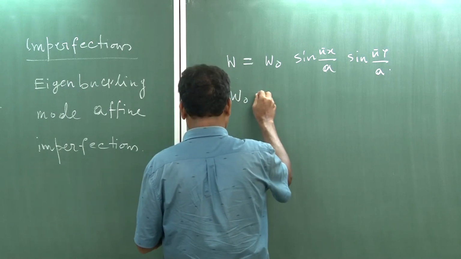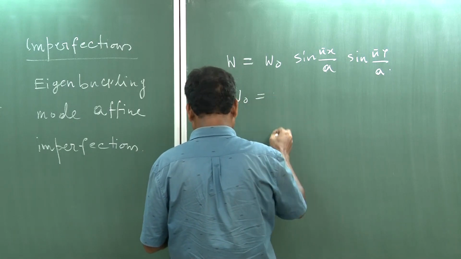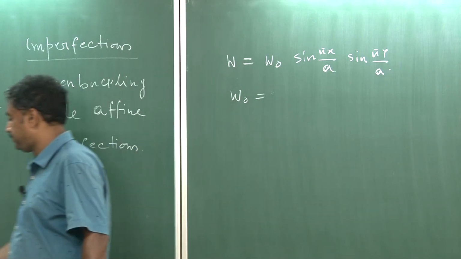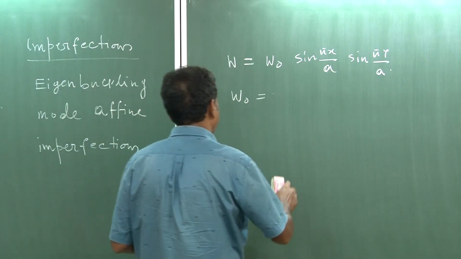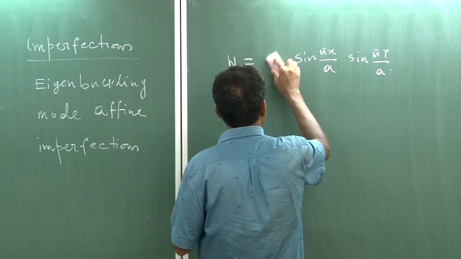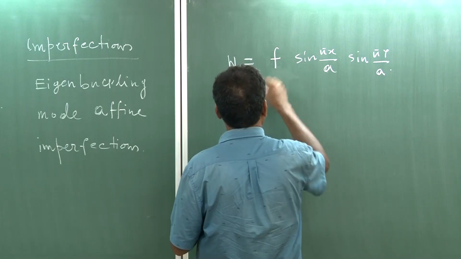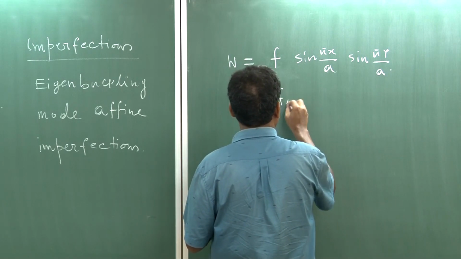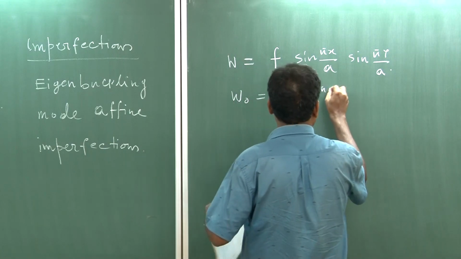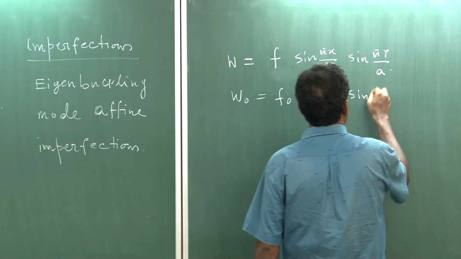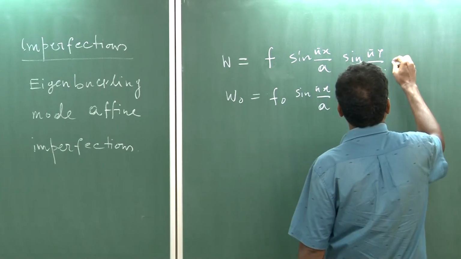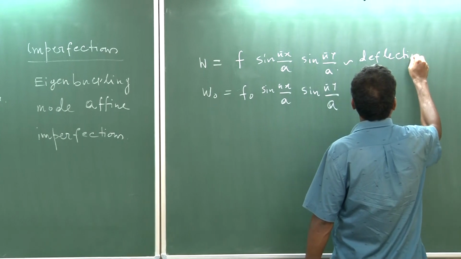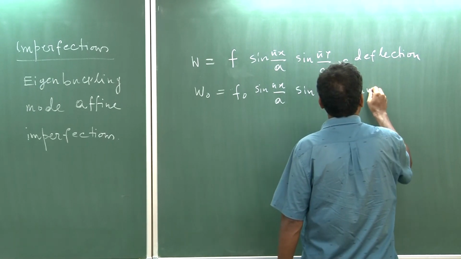Now, the imperfection I can assume as W0 bar equal to F0 sin(pi x by a) sin(pi y upon a). So, this is the out of plane deflection, and this is the imperfection.